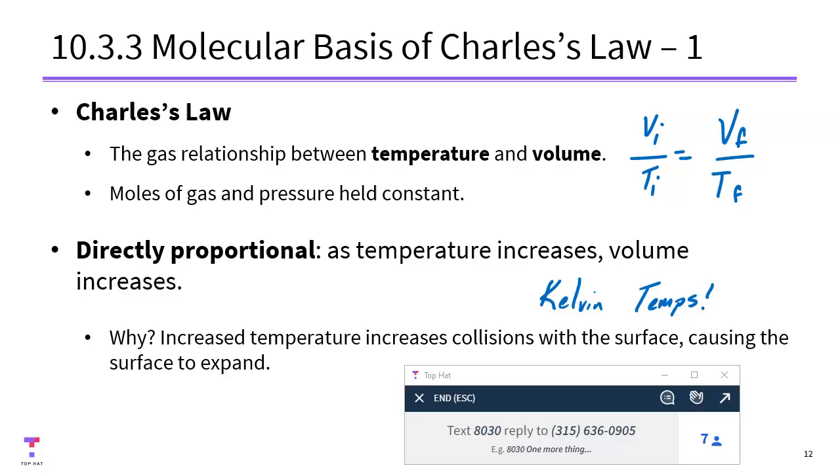The Celsius scale would have you believe that the 20-degree sample is twice as energetic. It's not. It's maybe 1 or 2% more energetic. Not nearly as big of a difference. So we've got to take that into consideration. When we use this equation, it's got to be Kelvin temperatures down here.